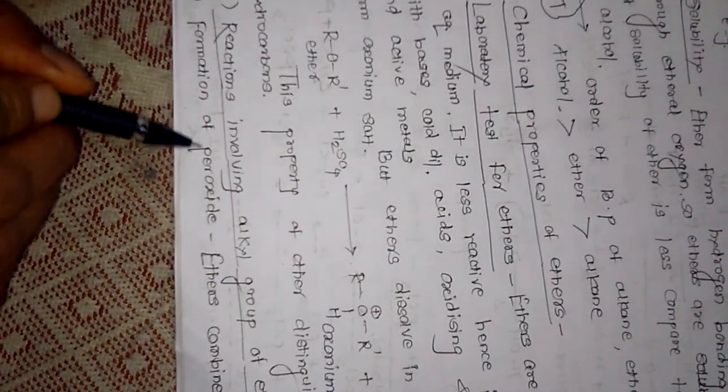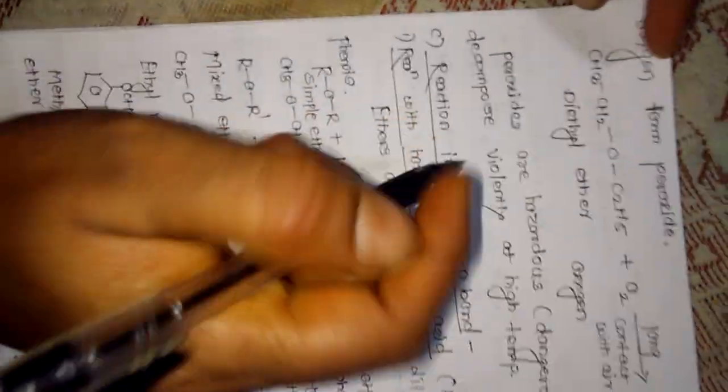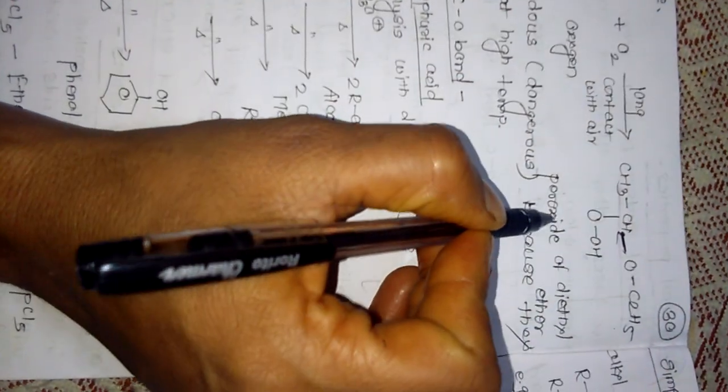In that, the first reaction is formation of peroxide. Now we see how the peroxide formation takes place. When we take ether, simple as well as mixed, here this is a simple ether, two alkyl groups are the same, ethyl, diethyl ether. Treated with atmospheric oxygen for a longer time, it results in formation of this peroxide.